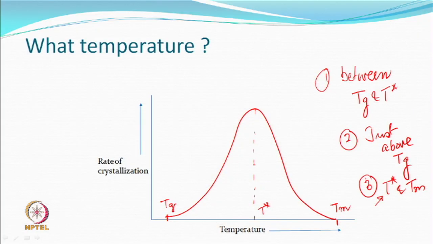Before this, let me just also say, if at T star the value of the rate is, let us say, K star, so at K star by 2, you get a temperature which is also close to softening temperature. The material is still solid, but it is softened.